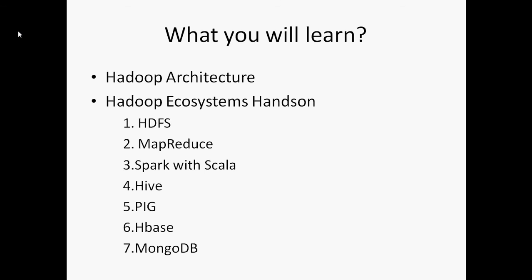We'll go through the detailed Hadoop architecture in the actual course, and after that we'll have hands-on sessions dedicated to HDFS, MapReduce, then Spark with Scala. Spark is again a data processing ecosystem, and Scala is the language using which you can write Spark programs to process the data.